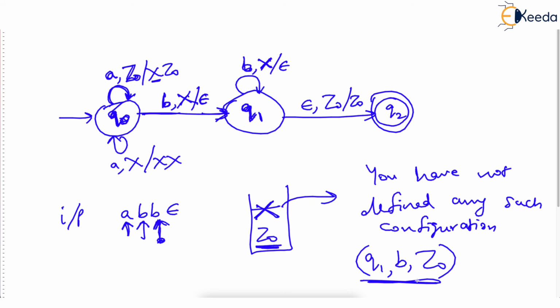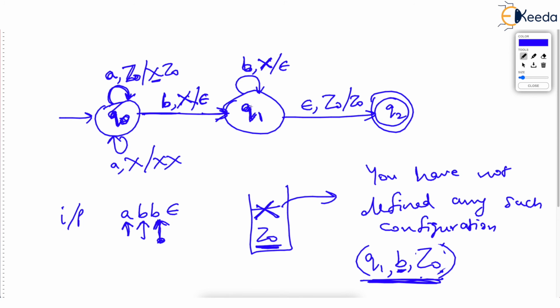You have purposely not defined it, because Z0 was not expected when you are reading B. When you are reading B, always the top expected was X. But there is no such configuration where the machine knows what to do if B is read and top is Z0. You will never observe any such triplet, because you have not defined it.